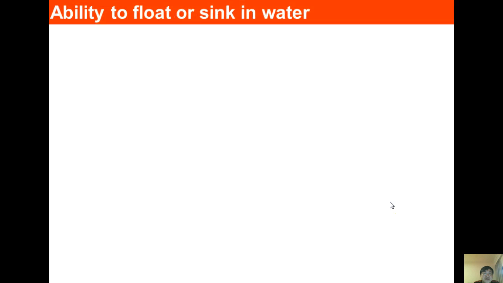Let's carry on. The other property is to see whether a material can float or sink. As I speak on, I slowly think over why it is useful: some materials have got to float and some must sink. A material can float or sink in water.